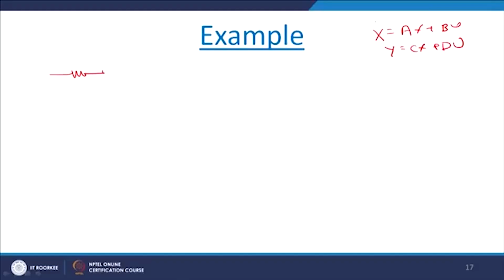So I am drawing a simple RLC circuit. This is the input Vi, this is R, this is L, and this is C. I can write plus minus here, then this is the input Vi.